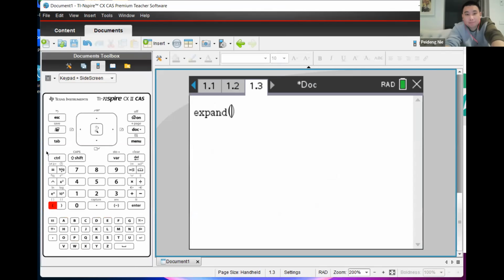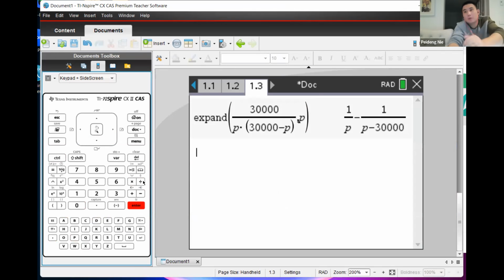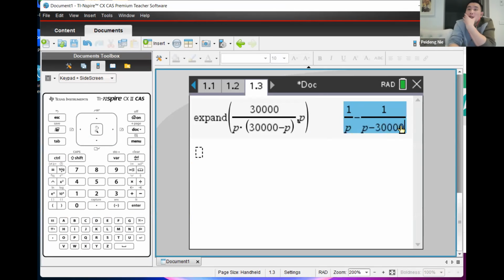Expand 30000 over P times 30000 minus P. Variable is P. Well, the calculator will tell you a correct partial fraction form, but remember, because of the physical constraint, the population is only approaching, but always less than 30,000.